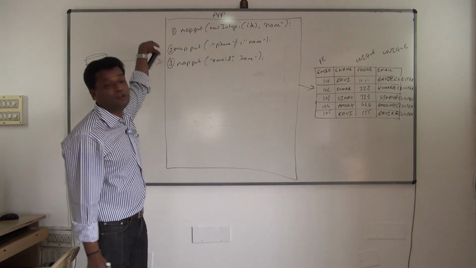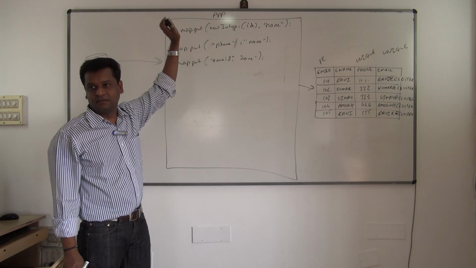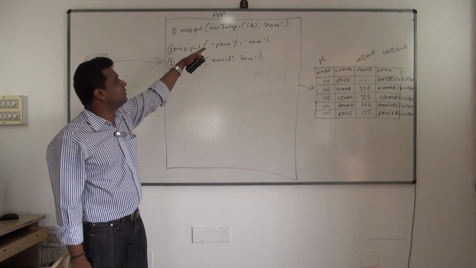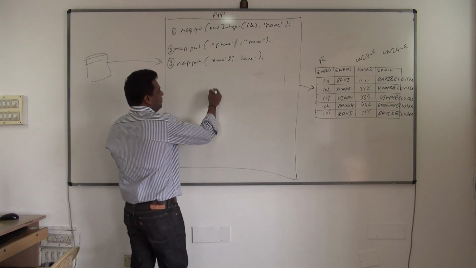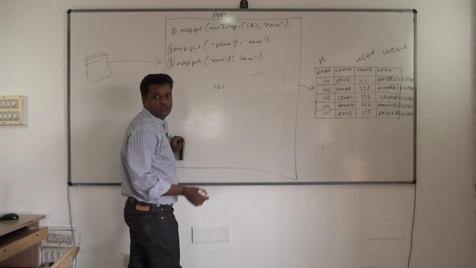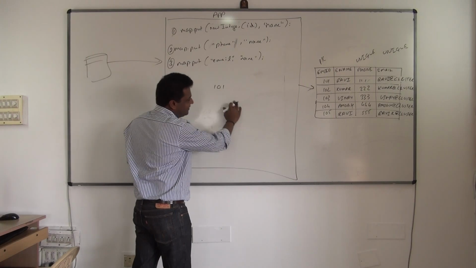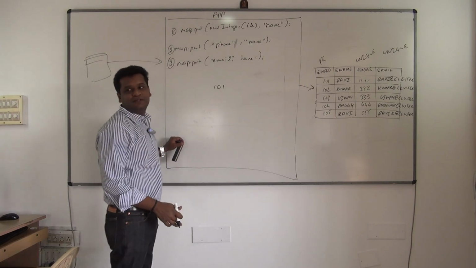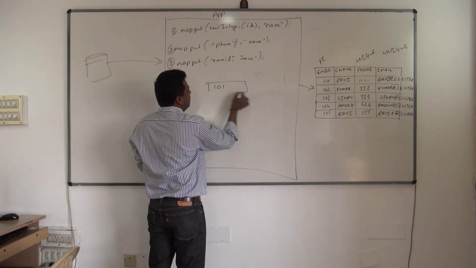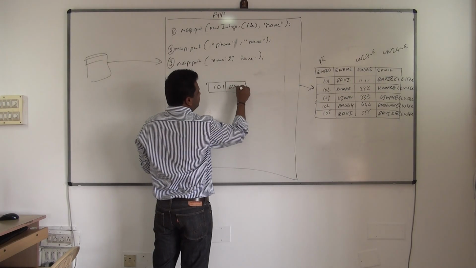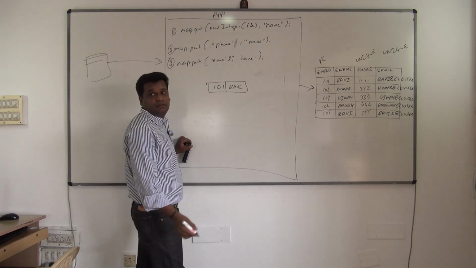Understood? So I'll take the first option and show you how the values will be stored now. Supposing I am adding ID and name. So this is how it will be done. 101, and all will go to the right side only, in the tree. This is 101, name is Ravi. So the key is 101.